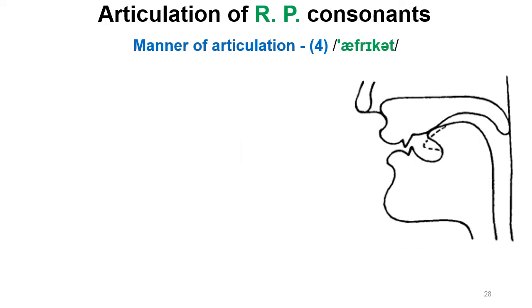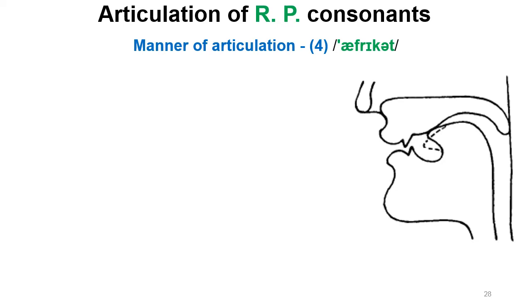We now know 3 manners of articulation related to English pronunciation. Nasals, m, n, fricatives, f, v, th, s, z, sh, zh, and h, and plosives, p, b, t, d, k, g.